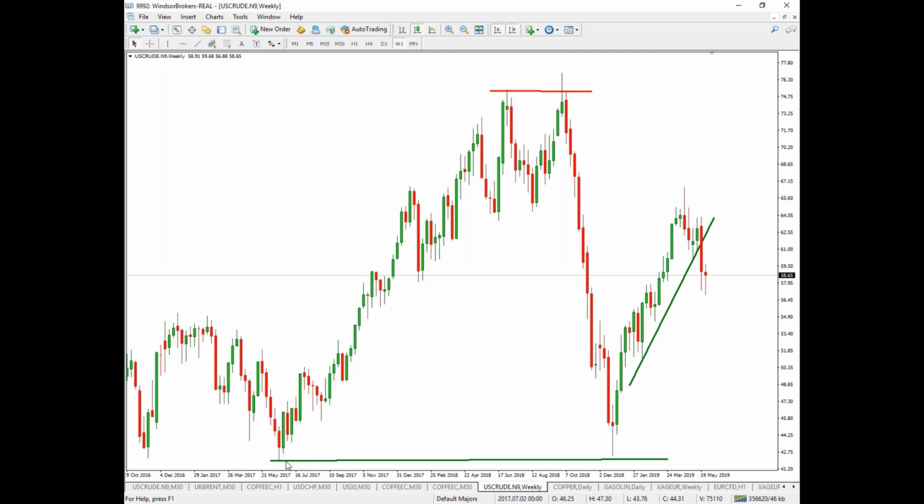Now we're coming back to this historical level, static support 42.04. The market dipped in December 2018 to 42.36. This was the lowest. So we're talking about some 30 pips difference, but the support acted well.